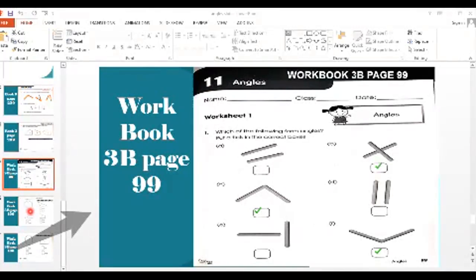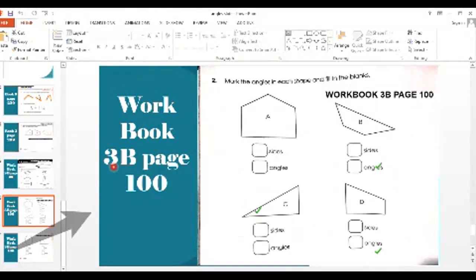Everyone, now turn the page and come to page number 100. Now my boys, everyone, please turn the page and come to page number 100. Everyone, please mention the date on the top of your workbook page because I know that if I do not ask you, you will not write it. So everyone quickly mention your name and your date and day on the top of the page.